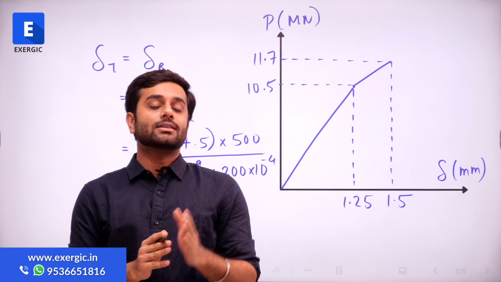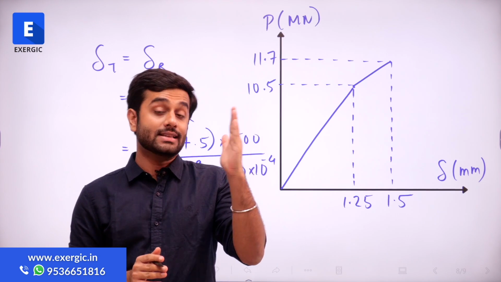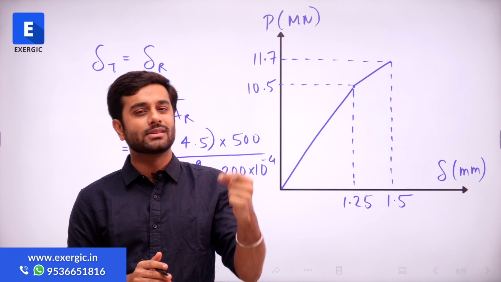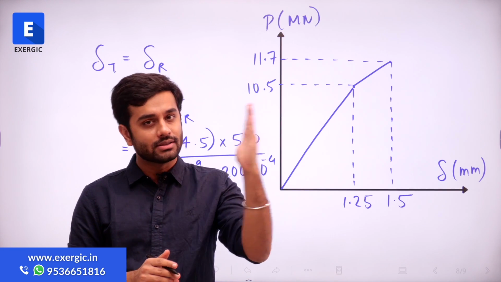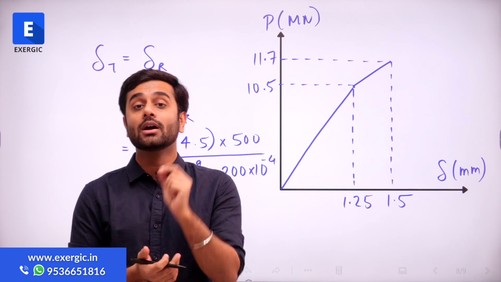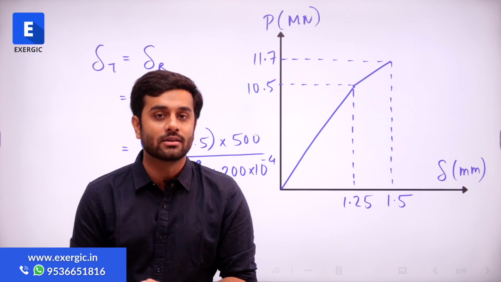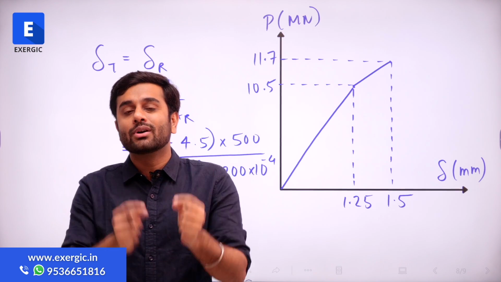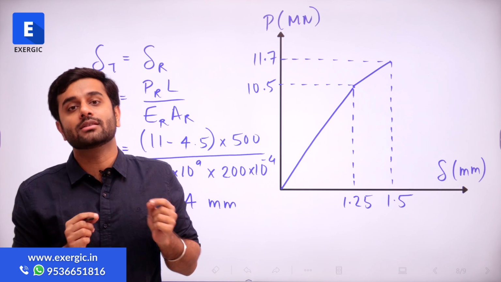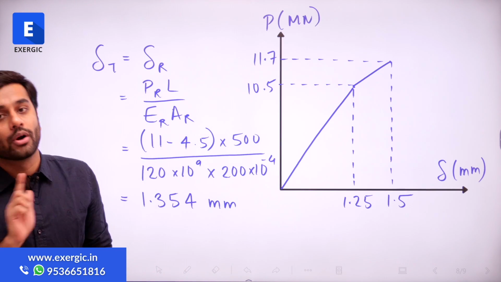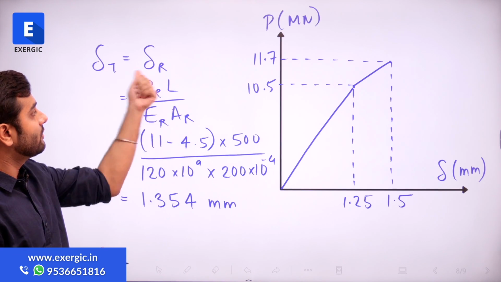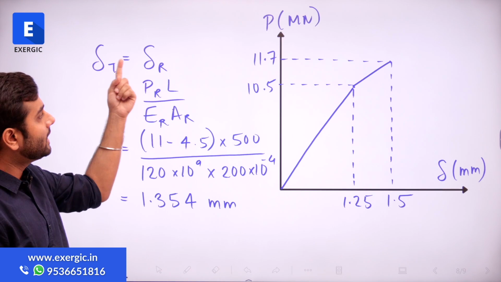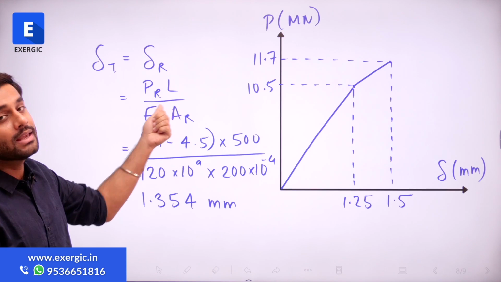So we know that the deformation of the assembly will be the same whether it is the rod or the tube. But to find the deformation using the expression PL by EA, we can use only the one which is in the elastic region, which is the rod, right? So del is the same for both, and del of rod is PL by EA.